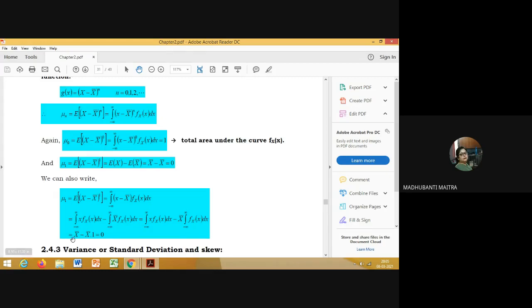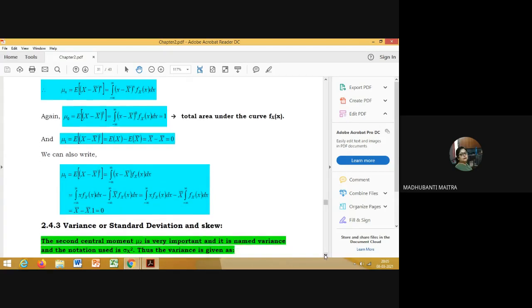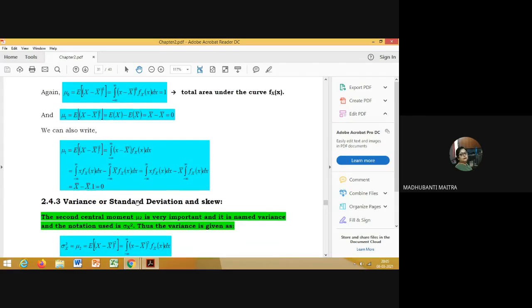So it is x bar minus x bar into 1. So the value of the first central moment will be equal to 0. Please go through the steps.